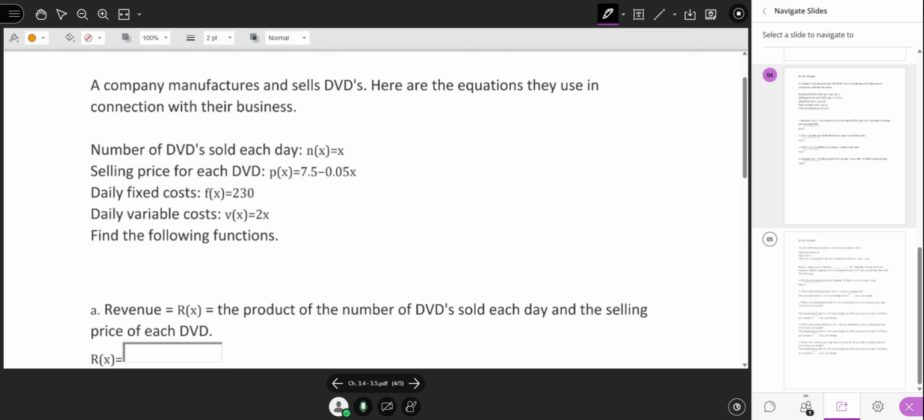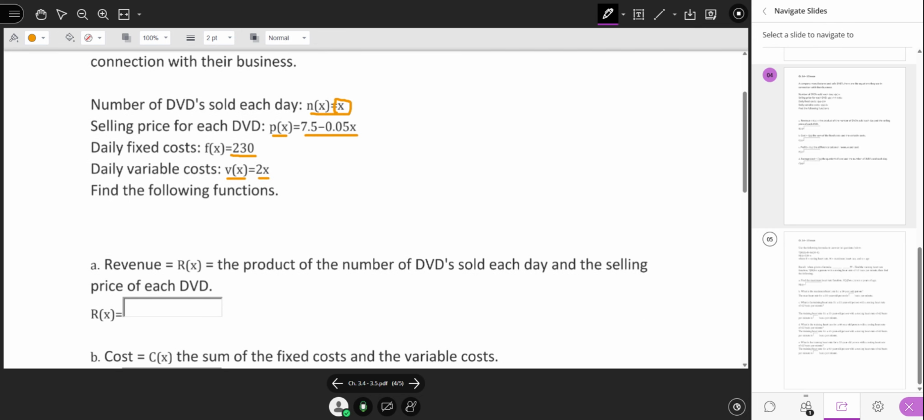How many DVDs you sell is X. The number of DVDs is X. The selling price is this. Your fixed cost every day is 230. The variable cost is 2x.